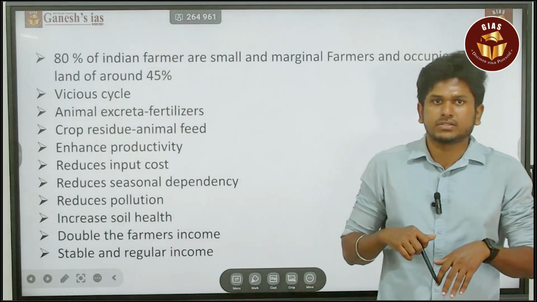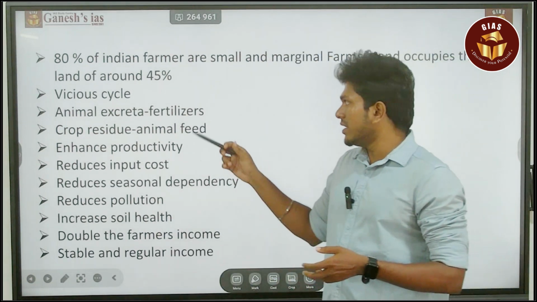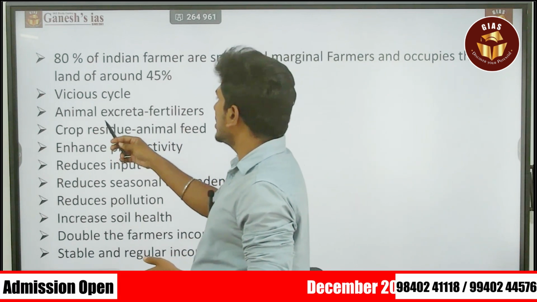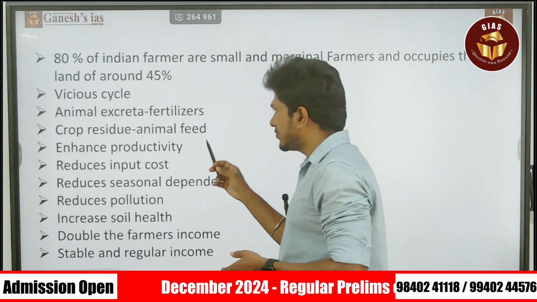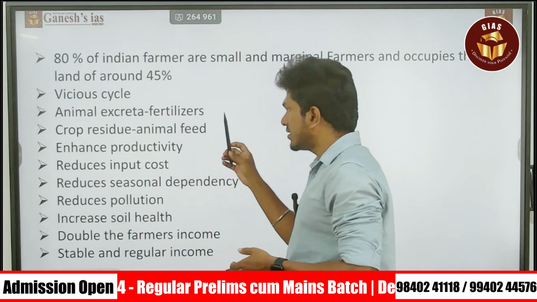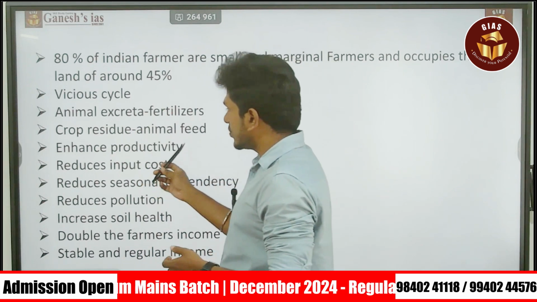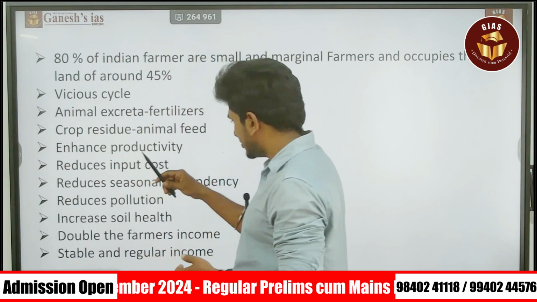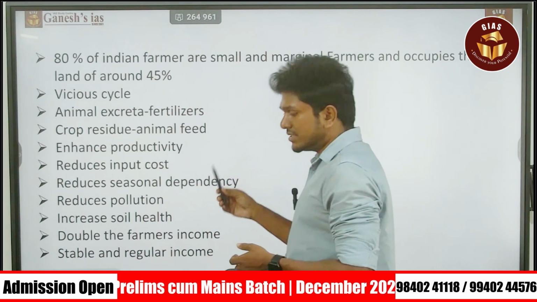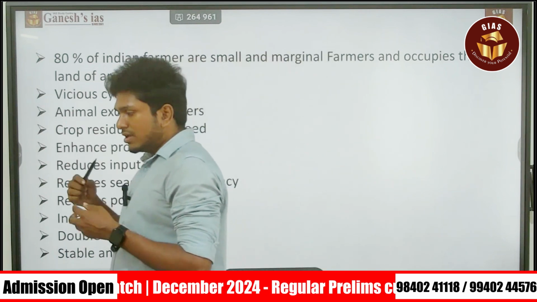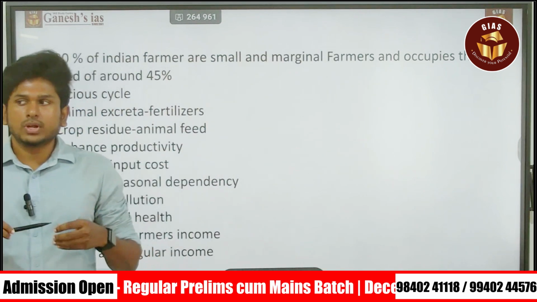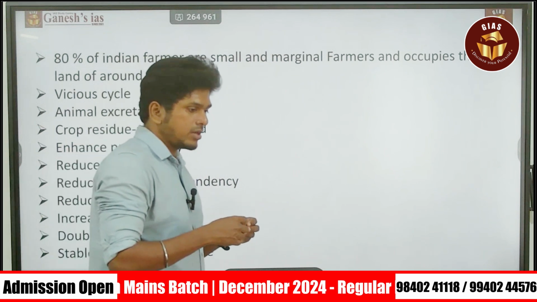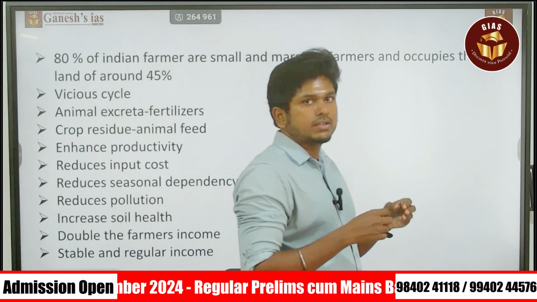from their farming activities. How is it going to happen? Animal excreta will act as fertilizer, and crop residues will act as animal feed, which enhances productivity, reduces the input cost, and reduces seasonal dependency. Consider that you are a cultivator cultivating a crop; you can cultivate only in the monsoon season.